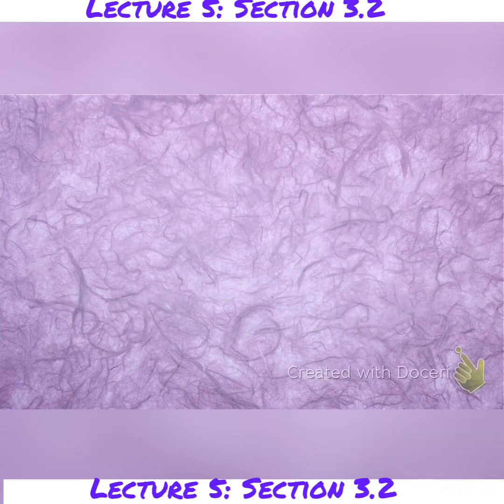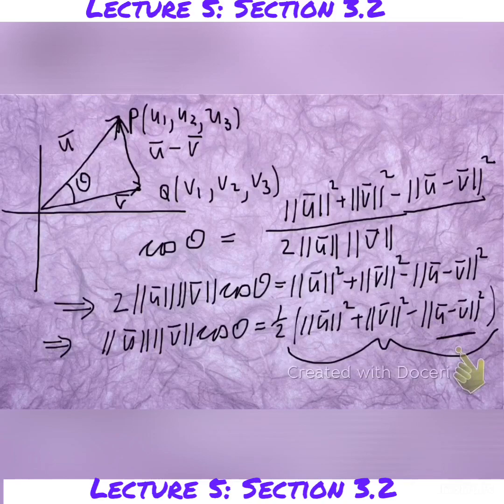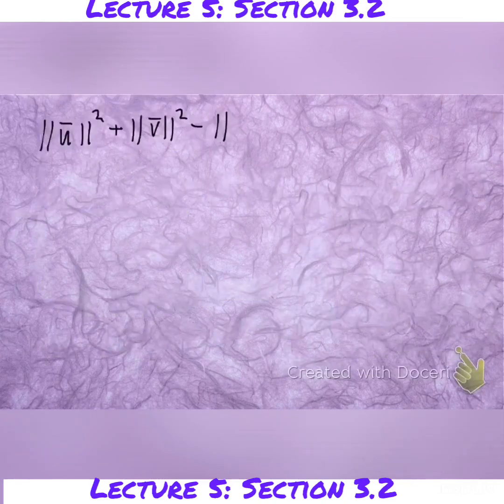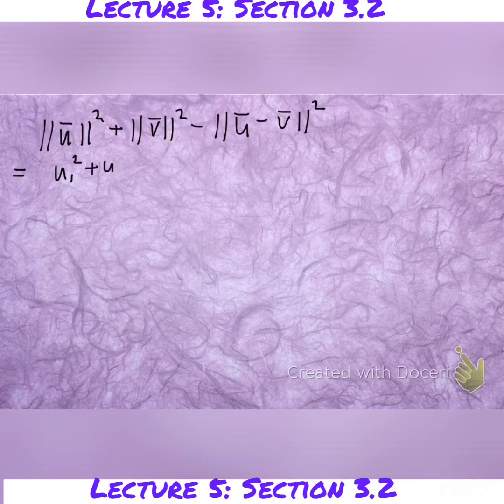Okay, so the question is now, what is this expression actually equal to? What you have is the norm of the vector u squared plus the norm of the vector v squared minus the norm of the vector u minus v squared. Now if you look at what that is, what's the norm of u? It is u1 squared plus u2 squared plus u3 squared.